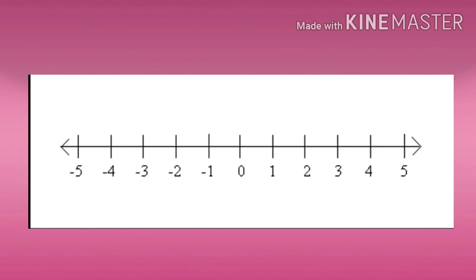Midpoint of 0 and 1 is 0.5 or 1/2. So, you know how to represent natural numbers, whole numbers, rational numbers in this number line.